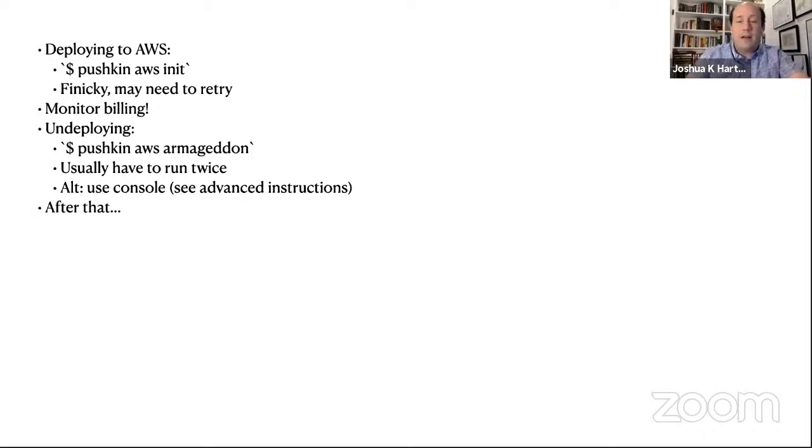So after that, as I said at the very beginning, weeks ago now, I see Pushkin as not a one-stop shop, because everybody who's listening to this has different research needs, and it is very hard to make anything that is one size fits all, because one size just doesn't fit all, and you're going to want to do different things potentially.